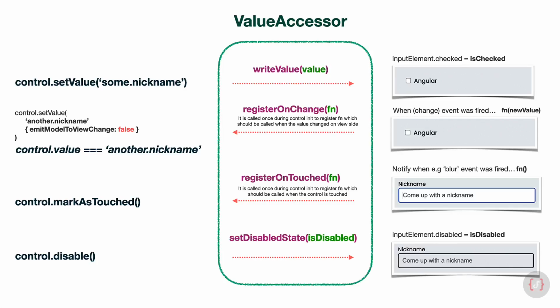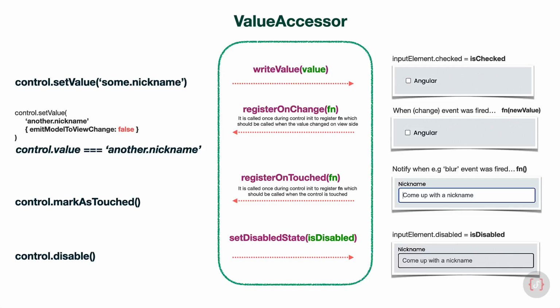But what is even worse, it would violate the open-closed design principle, which allows you to introduce completely new types of controls without modifying the ng model or form control name directive. Otherwise, we would be restricted only by control types that are built into the framework.